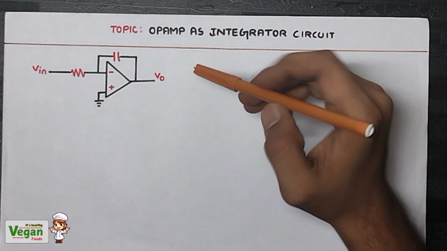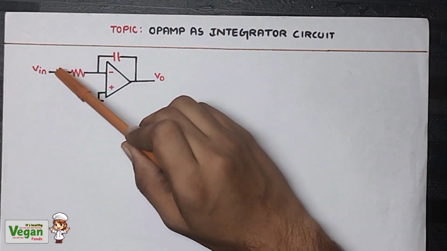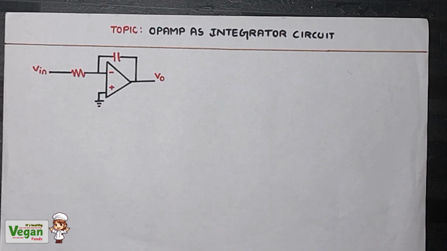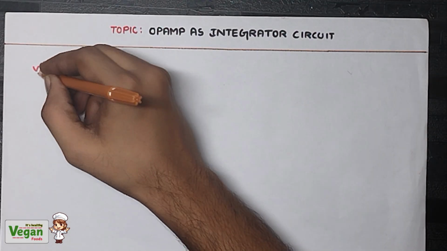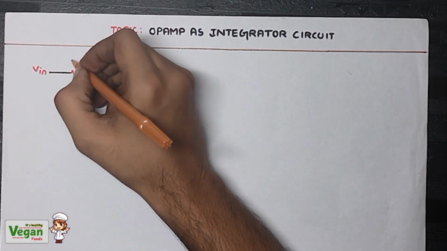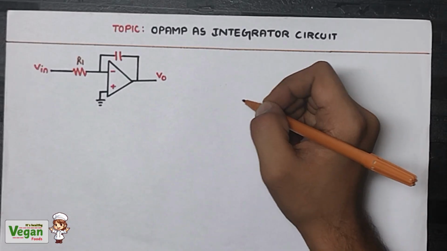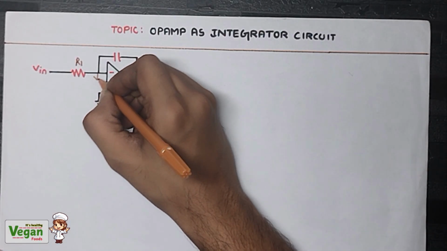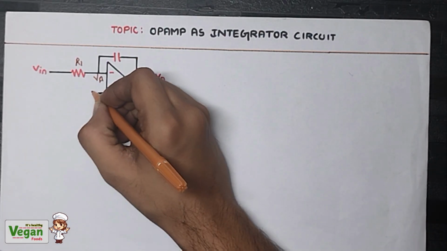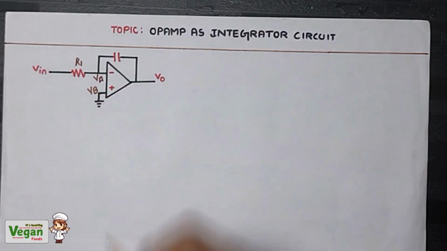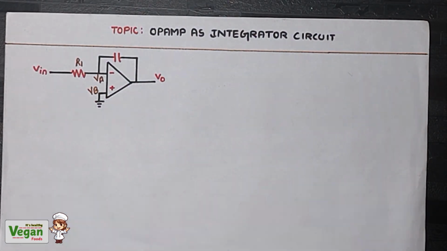Therefore, in this integrator circuit, we are giving the input to the negative terminal, that is the inverting terminal. So we are using a resistance between Vin and the negative terminal. Let's call it resistor R1. The voltage at the negative terminal, let's call it VA, and the voltage at the positive terminal, let's call it VB.